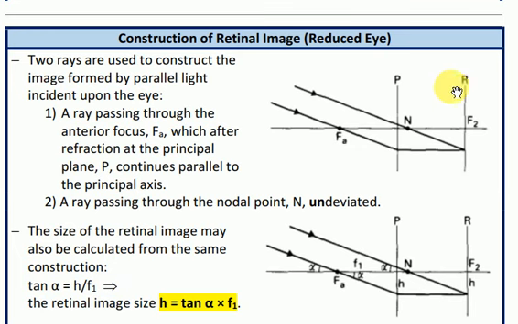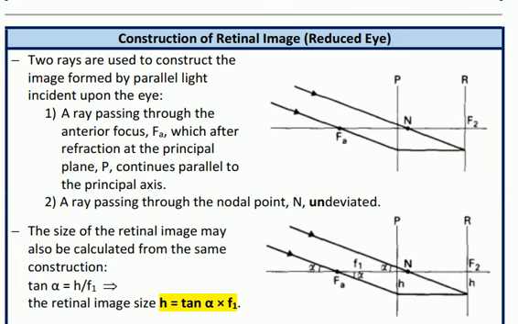These P and R intersect the principal axis at right angles. The nodal point N is indicated by a point, as is the anterior focus FA. The second principal focus F2 falls on the retina in the emmetropic eye.